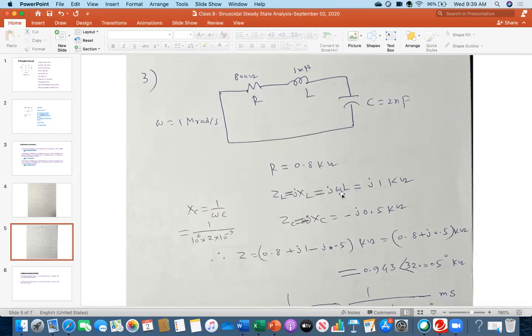Omega L. And what was your omega? Omega was 1 megaradian per second in the problem statement. And what was your L value? 1 millihenry. Because you are multiplying omega L, these two numbers, I am getting 1 kilo ohm. So this is j 1 kilo ohm.